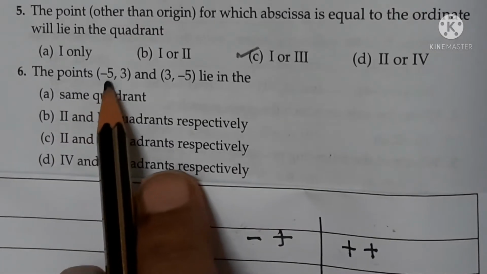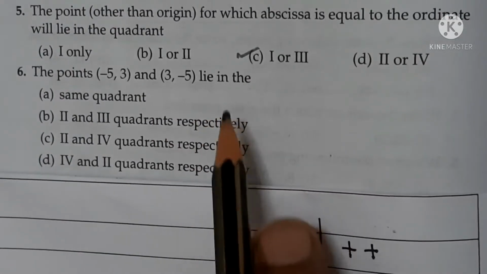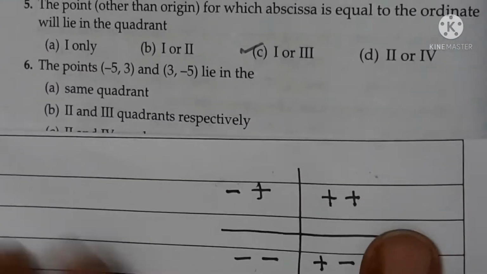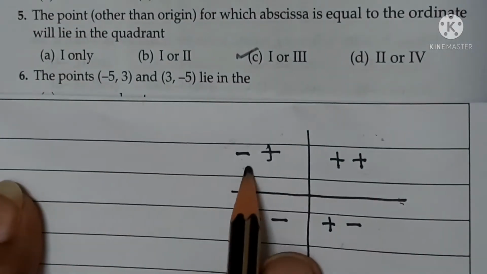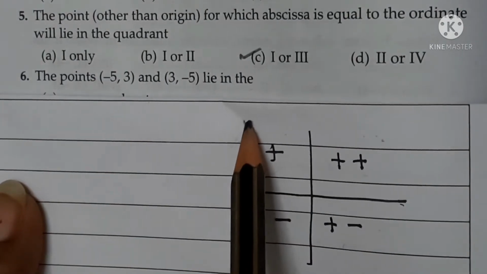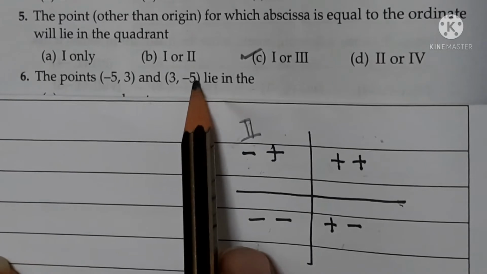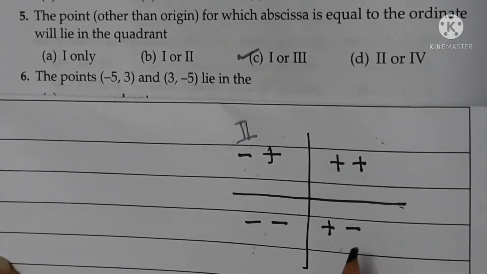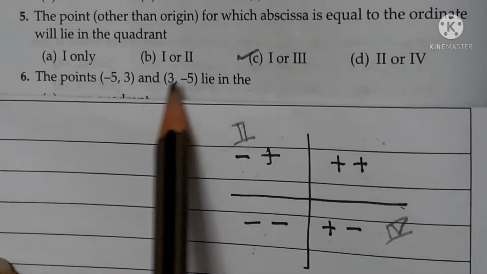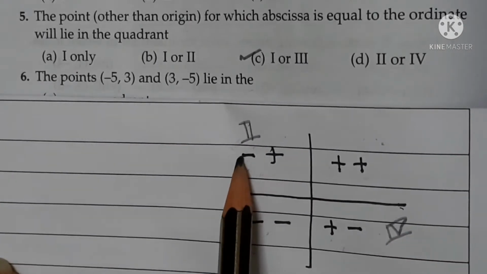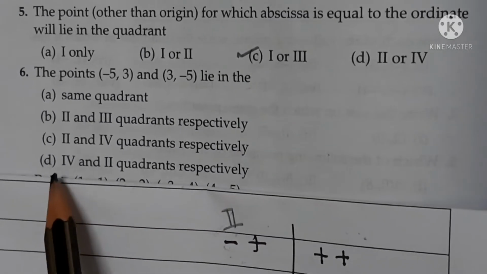Next, question number 6. The points (-5, 3) and (3, -5) lie in the... Look at the quadrants. Where x is negative and y is positive, this is the second quadrant, and where x is positive and y is negative, it means the fourth quadrant. So these points lie in the second and fourth quadrants.